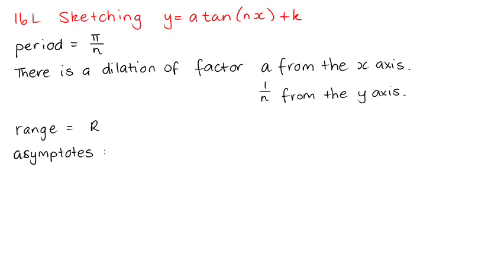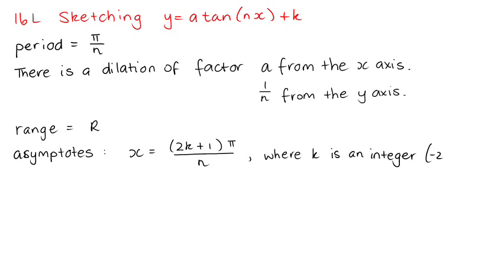And it is at x equals (2k plus 1) times pi over 2n, where k, right, this k is not the same k as in the formula, by the way. k is an integer, such as -2, -1, 0, 1, 2, and so on. Right, just any whole number, basically.